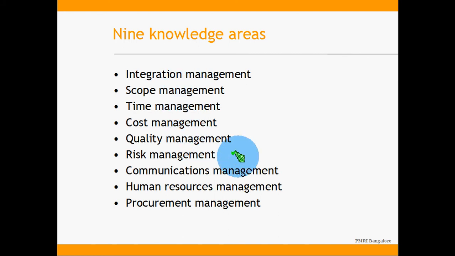For a small project, everything may be in the project manager's mind, whereas in a large project everything may be documented and performed by different internal or external teams. So for every project, all the traces of all these things are there.